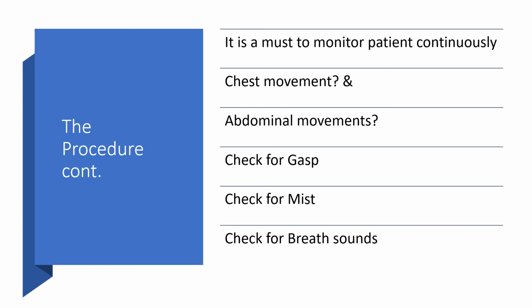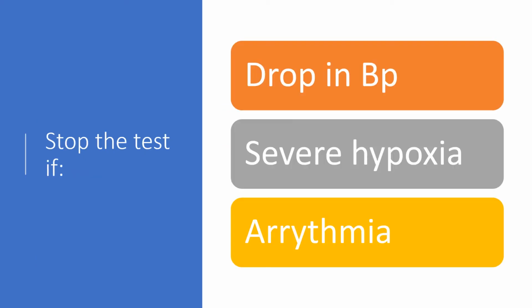It is a must to monitor the patient continuously. So we have to check for chest movement along with abdominal movement, and for gas or mist, and we auscultate for breath sounds. We have to stop the test if the BP is dropping.